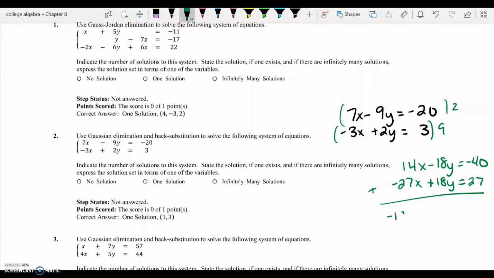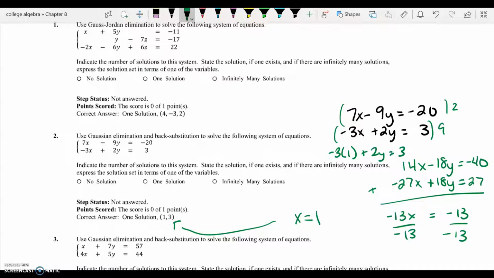I'm going to add them together. You get x equals 1. If you look at the solution, guys, it's already x equals 1. So then you can plug it back into an equation and solve for y.